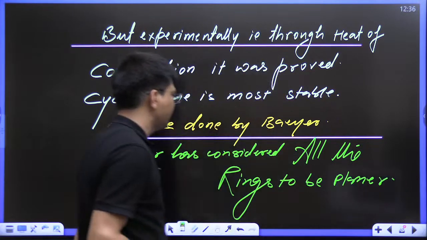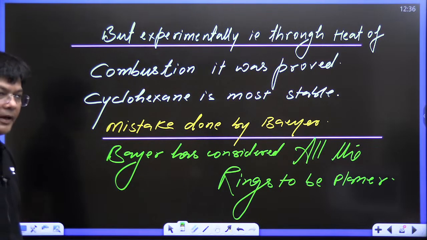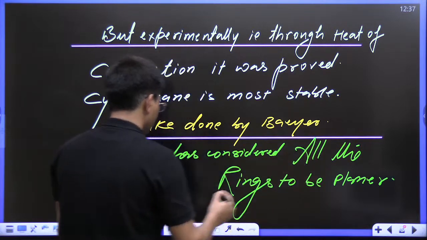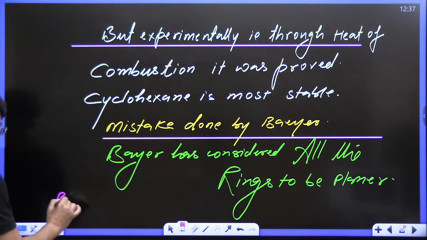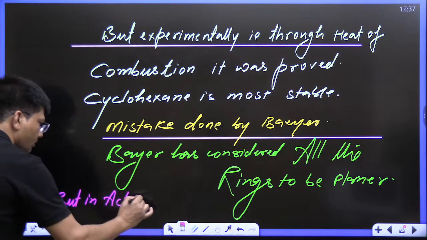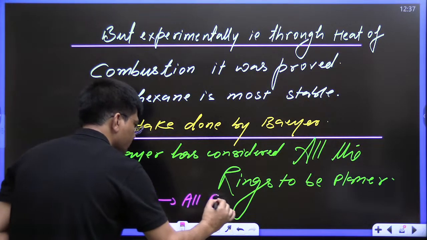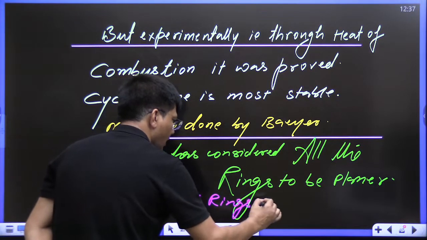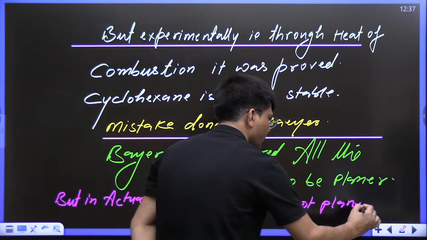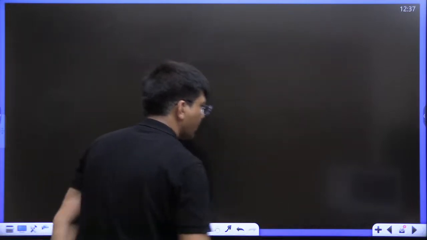At that time it was proved that all rings are not planar. This is the mistake done by Baeyer, but in actual all rings are not planar. So always remember this whenever you are going to do a question.